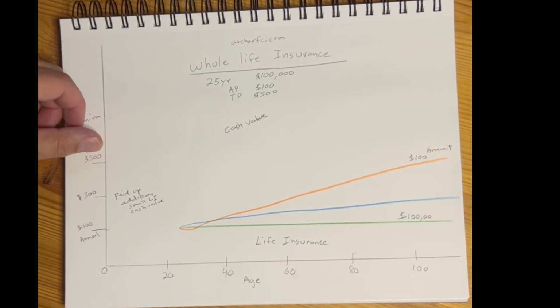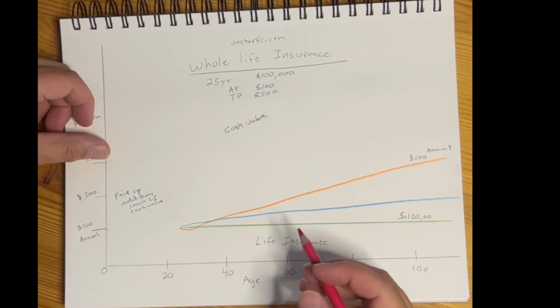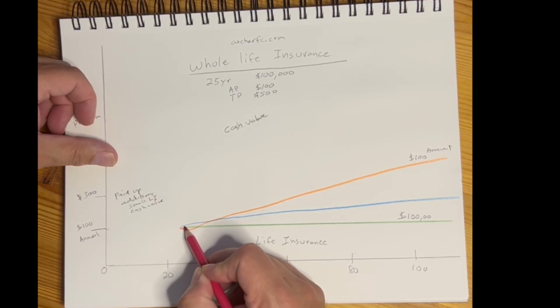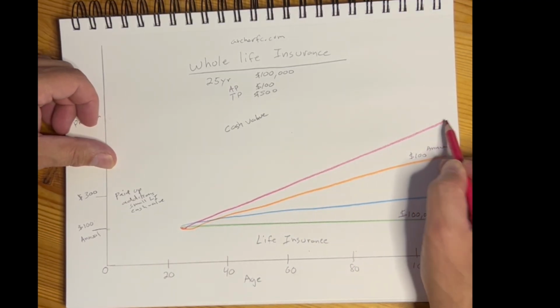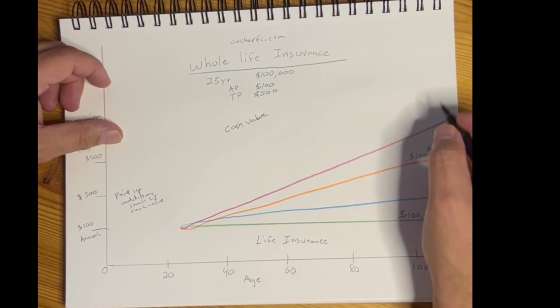The second part of this equation is that your cash value, instead of having this little dip, may have a tiny one in the very beginning, but it's going to start climbing a lot faster as a result of you putting more money into the cash value.